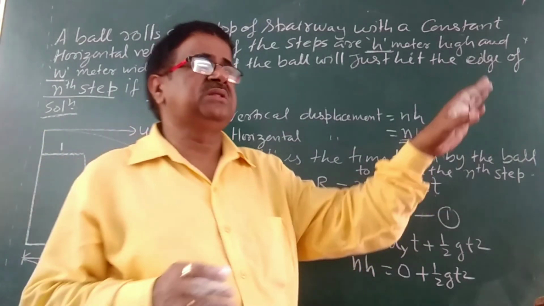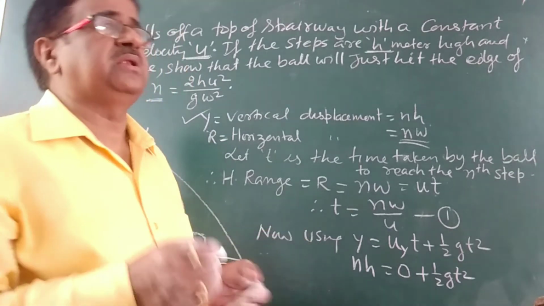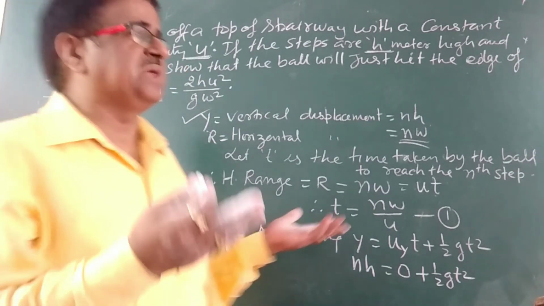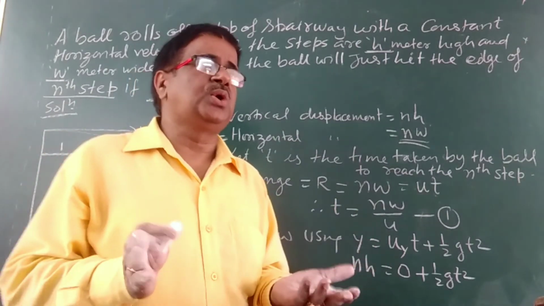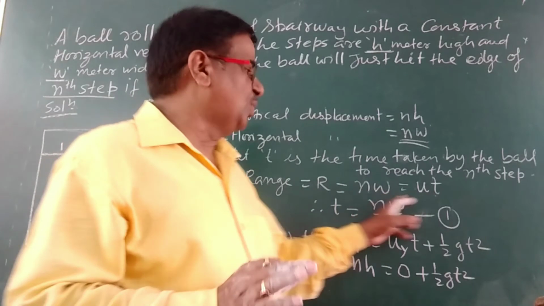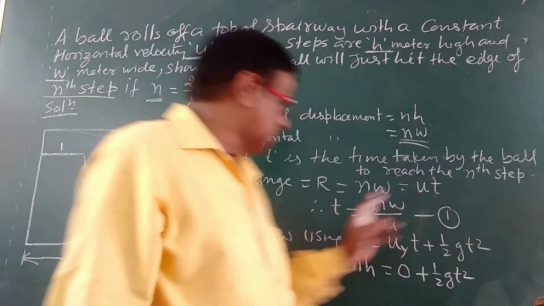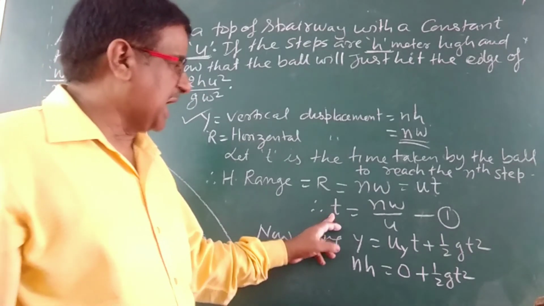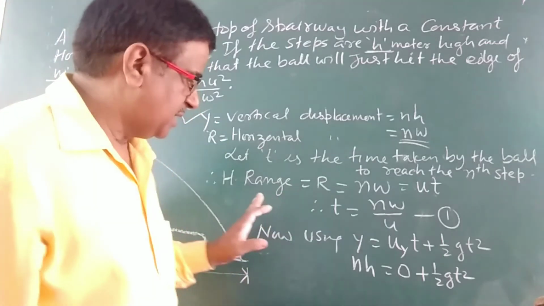The velocity is there, but there is no acceleration. So using the equation s is equal to ut plus half at square, the acceleration is 0, so half at square is 0. Therefore range nw is equal to ut, and from this we calculate time t equals nw by u. This is equation number 1.